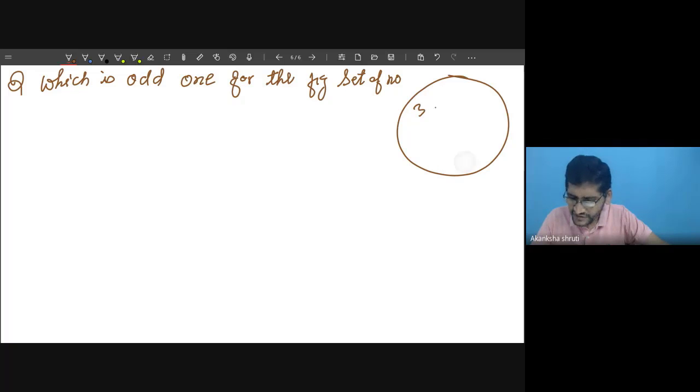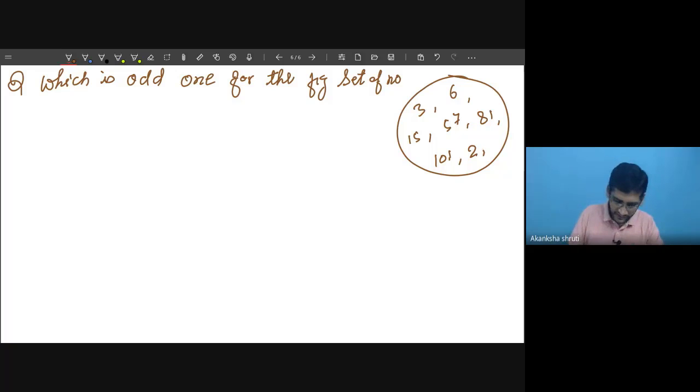In which 3, 6, 15, 57, 81, 101, 2, these numbers are given. And the options are framed like this. The very first is 81, 57, maybe 2 or 3 groups. Let me take the other one also: 6.